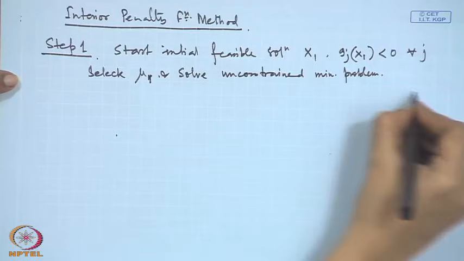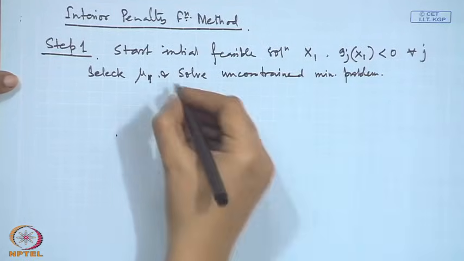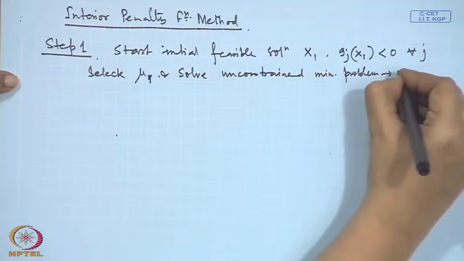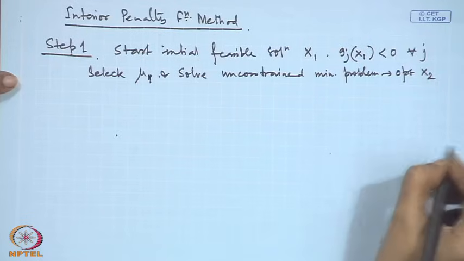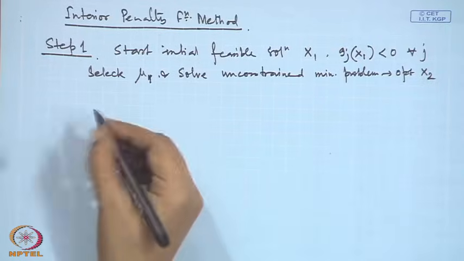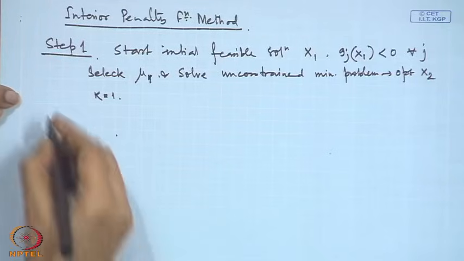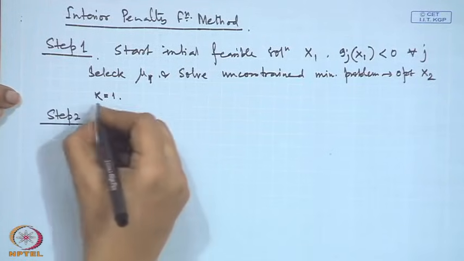Once we solve the unconstrained minimization problem, we will get the next optimal solution, say x2. Since this is an iterative process, let me set k equal to 1 here, so that next we can move to k equal to 2.